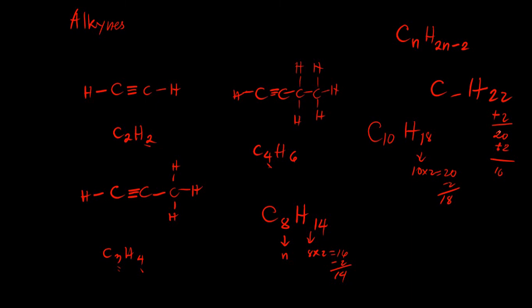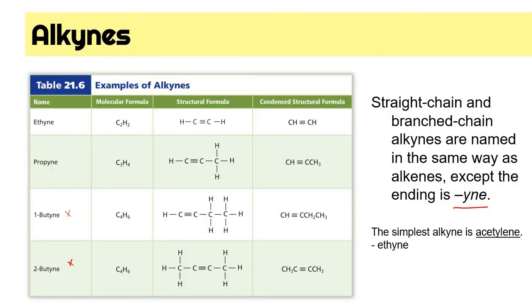You add 2 first, so it's 24. 24 divided by 2 is 12. So 12 times 2, 24 minus 2, 22. Okay, this is for the alkynes. The general formula is CnH2n minus 2.